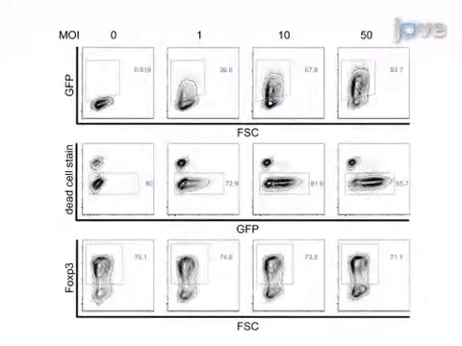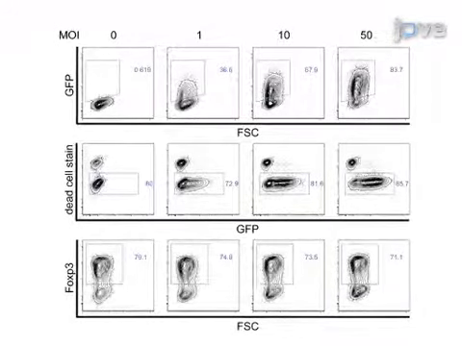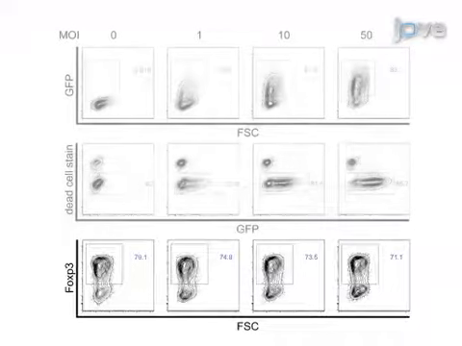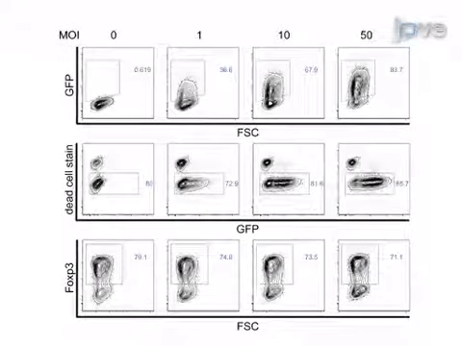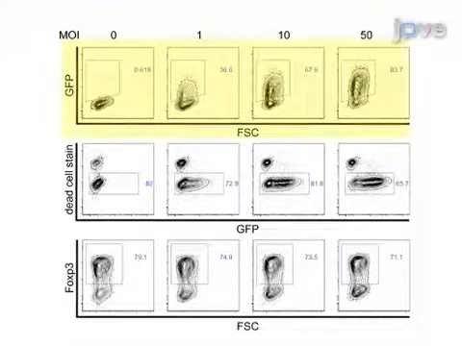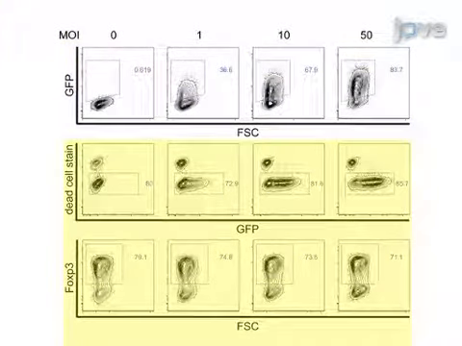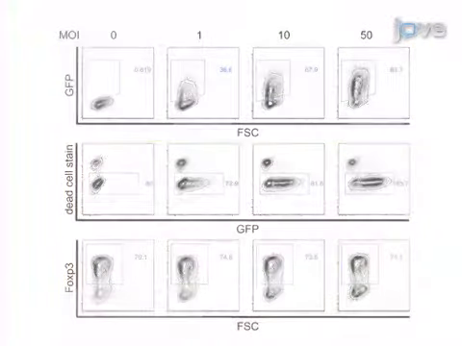Fixed and stained cells were analyzed by flow cytometry for the expression of the infection marker GFP, incorporation of dead cell dye, and for the differentiation marker FOXP3. As shown here, increasing the MOI from 1 to 50 results in a higher percentage of infected cells, while neither viability nor Treg differentiation is affected.